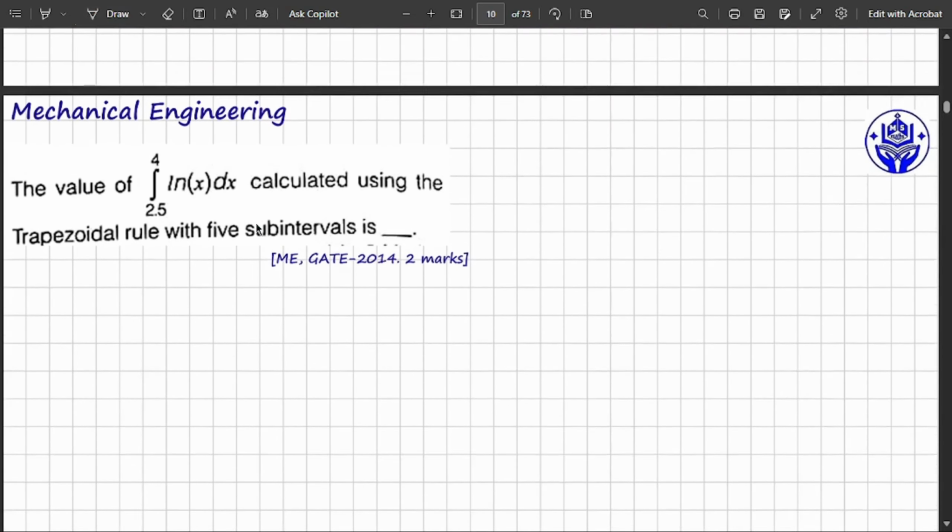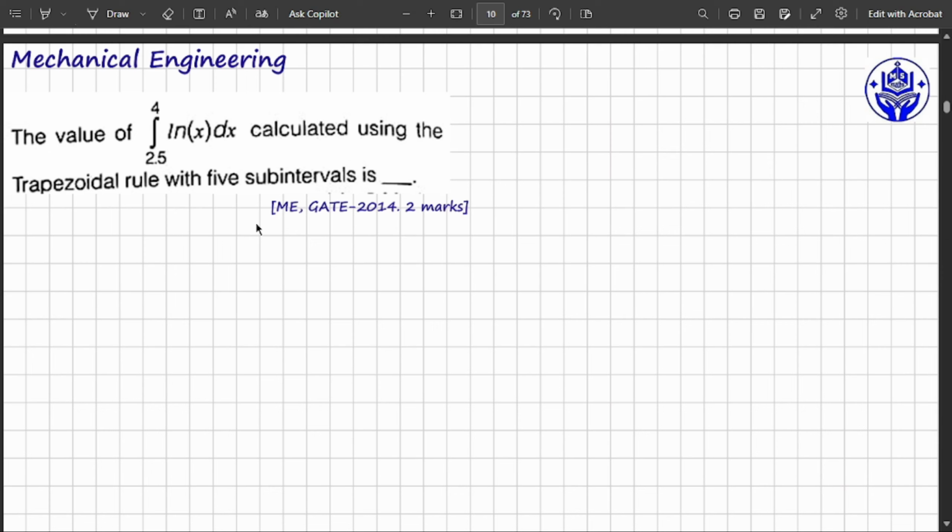Okay, next, it is again related to integration, now trapezoidal integration. The same question, basically now your function f of x equals log of x. If it is ln, then it is log base e, so you should select ln in the calculator.